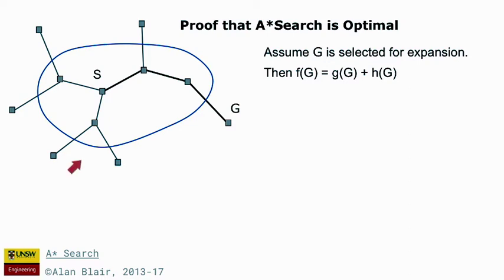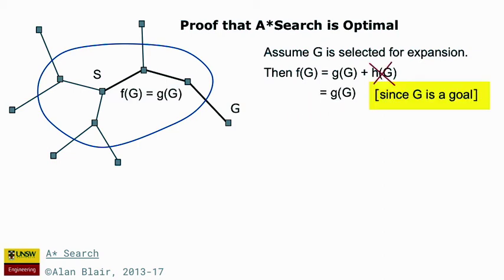Now remember, we have a set of nodes that have been already expanded, and then we have a set of nodes which have been generated but not yet expanded. And the algorithm terminates at the point where the next node scheduled for expansion is actually a goal node, G, and remember that the nodes are expanded according to this function f, which is a sum of g and h.